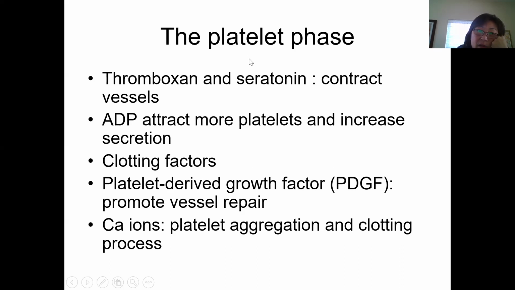The next step, the platelet plug formation. Platelets normally travel in blood inactive. But once there's damage to the lining of the blood vessel, the collagen fibers from the underlying connective tissue will be exposed to the platelets. Then the platelets can bind to the collagen fibers.